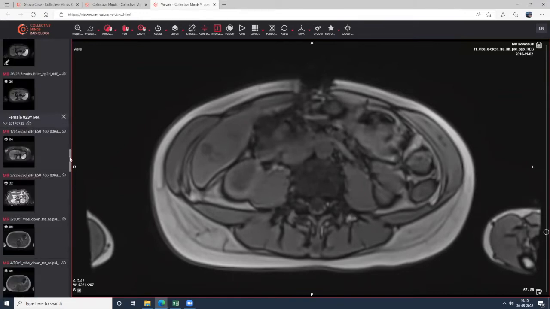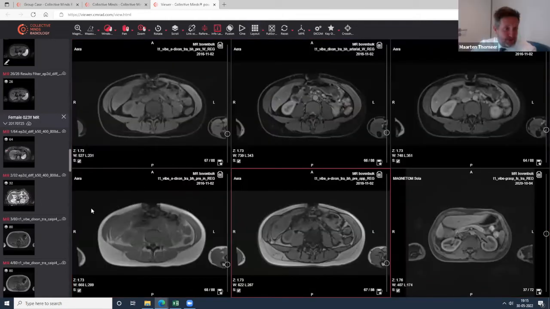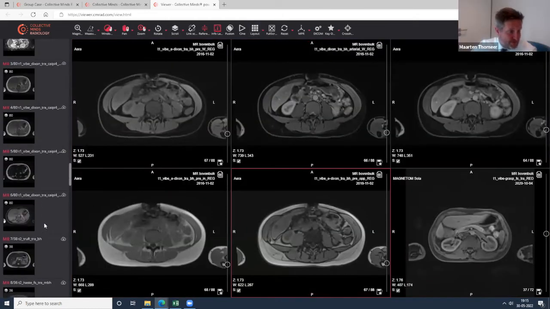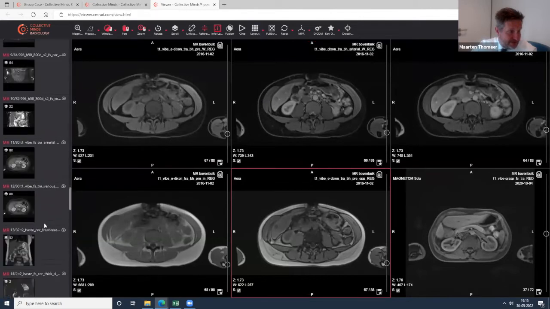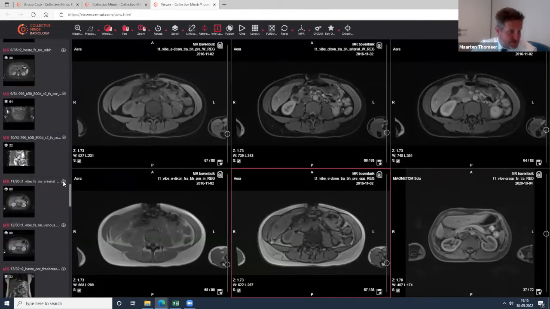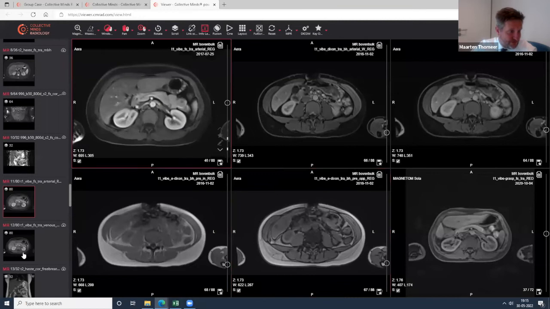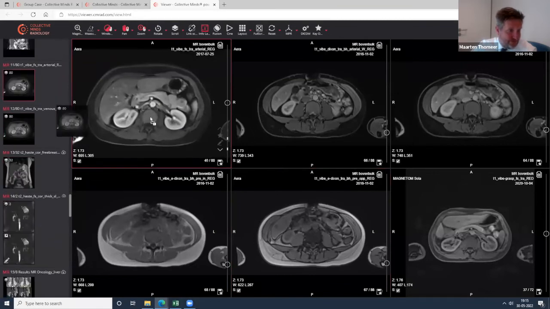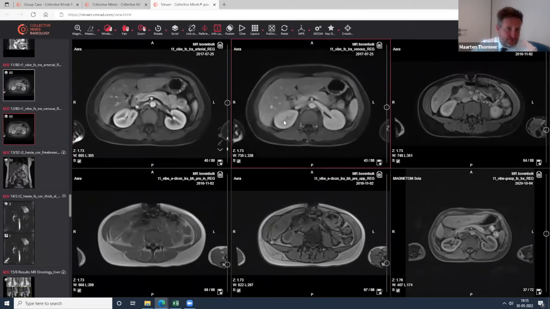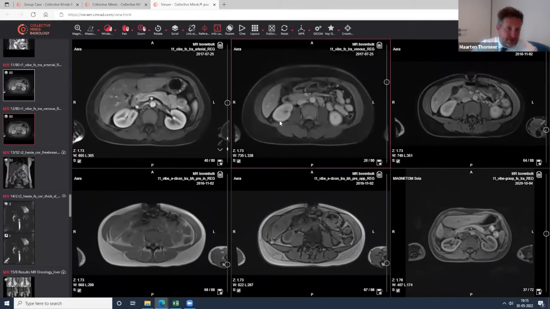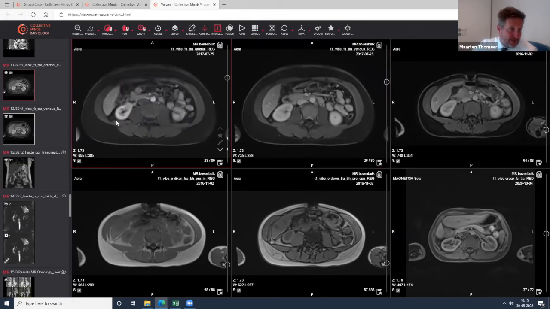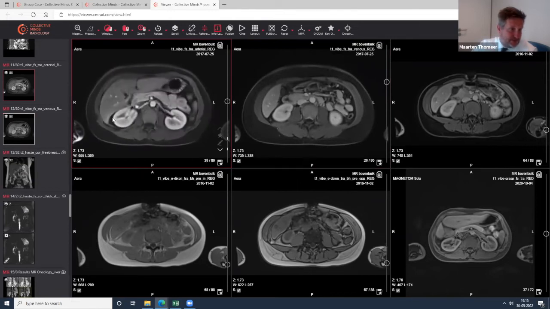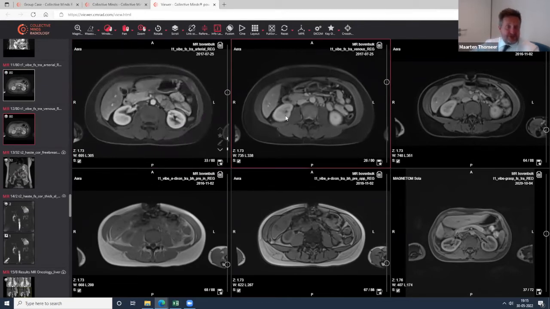That's also why she had a follow-up exam, 2017. Okay, I will go to those images. So if I go back to the lesion down in segment 6, well, it's certainly not enlarged.